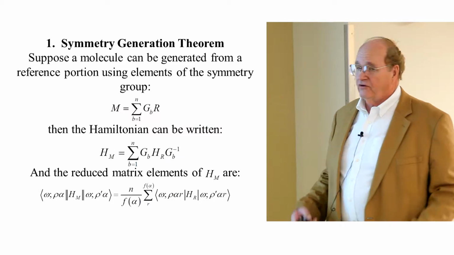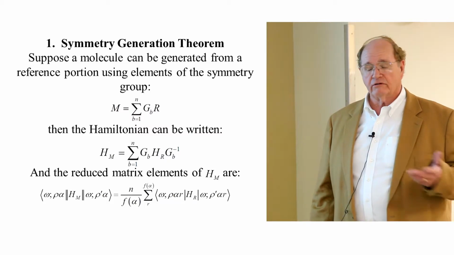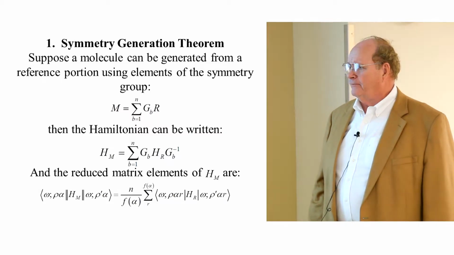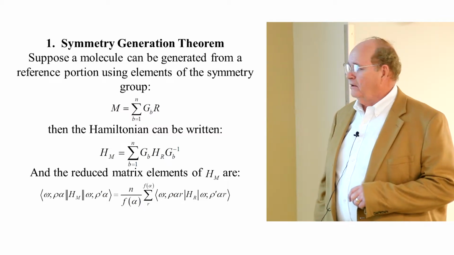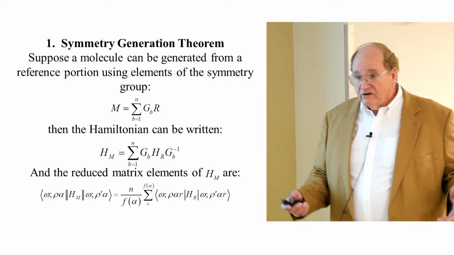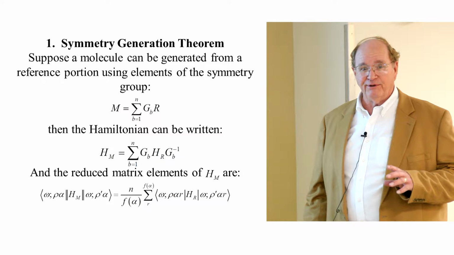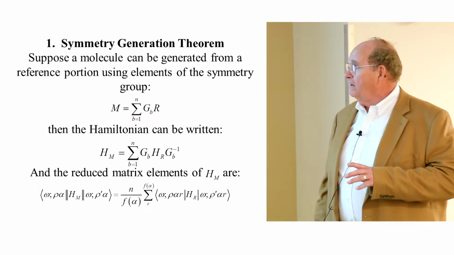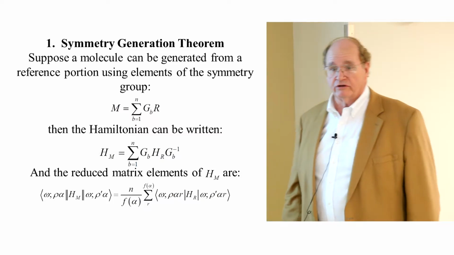In that case, I say that it is symmetry generated because it's the symmetry group that's actually generating this whole molecule. You can visualize this if you had, let us say, a Buckminster fullerene, C60, and you can take one atom of that C60 and generate all the other 60s with 60 transformations. And I call that symmetry generation.